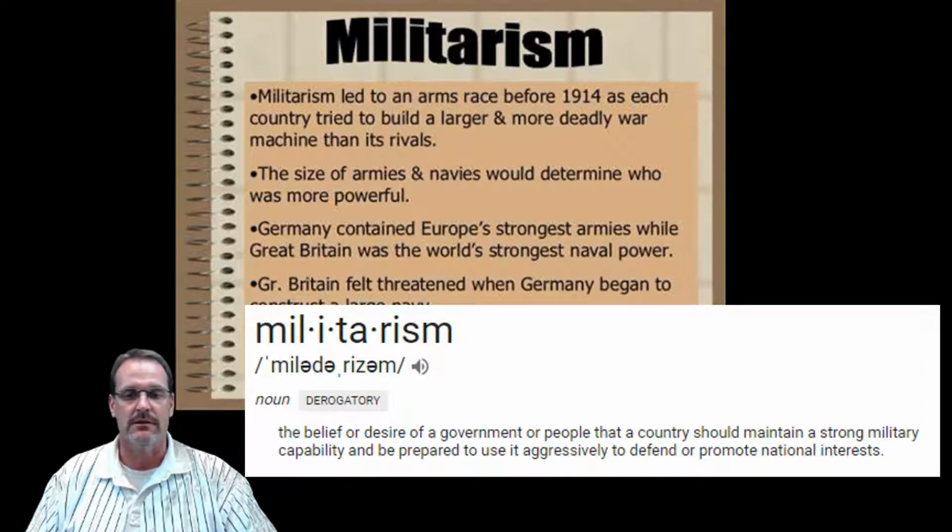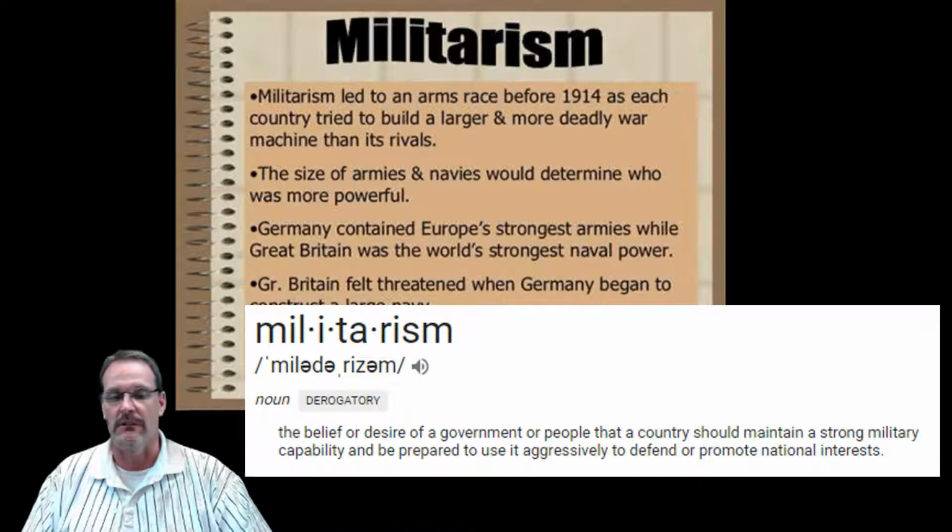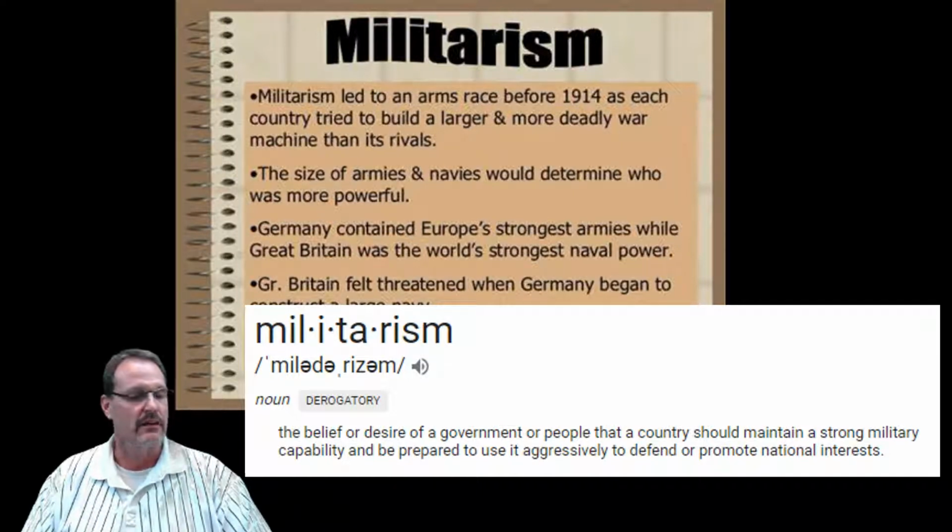They're land powers. Germany also intimidated people by the size of their military. They had one of the largest, strongest land armies. Great Britain felt threatened when Germany began to construct a large navy. European nations were becoming increasingly suspicious and alarmed of each other, so that led to much more disagreement. So, militarism.